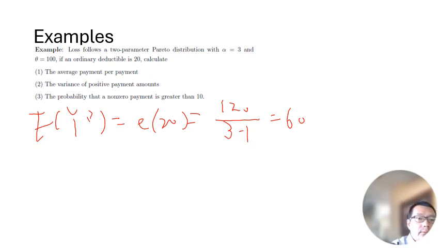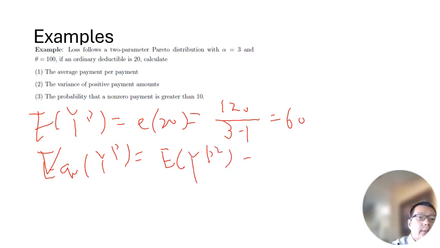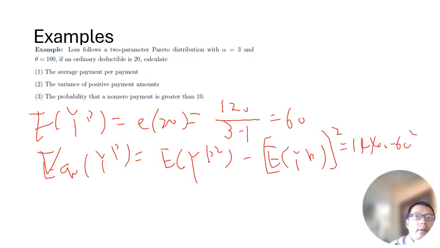And then the second one is the variance. The variance of YP can be calculated by doing this: E[YP squared] minus E[YP] squared. This is the formula for variance. You should know this. And then you can again use the formula to calculate that. 10800, where this part is just a formula.